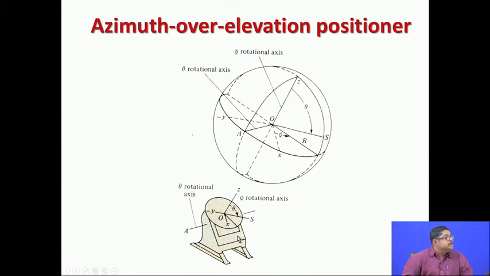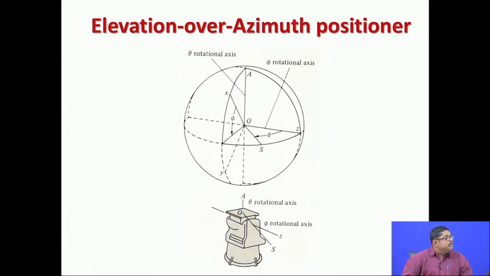Now, as I was saying, this means an azimuth over elevation positioner. So, here it can rotate about the theta rotational axis, and this is the phi rotational axis. These are called azimuth over elevation positioners, or if you want elevation over azimuth, that means first you move azimuth, then it will go to elevation.